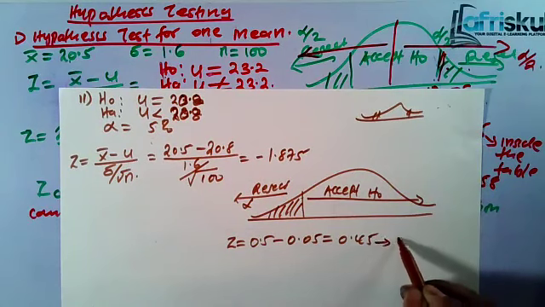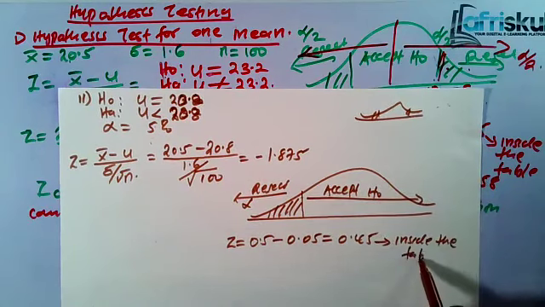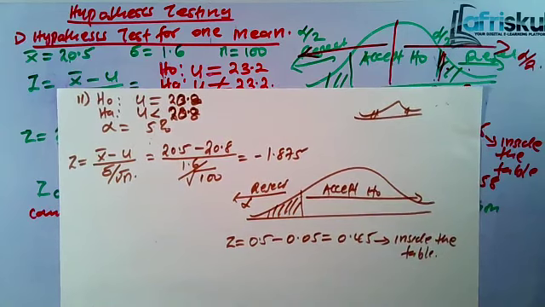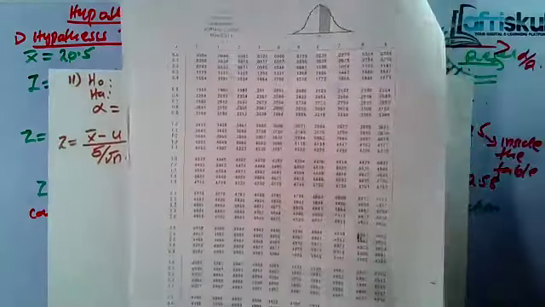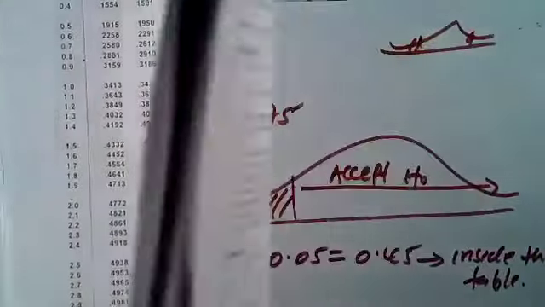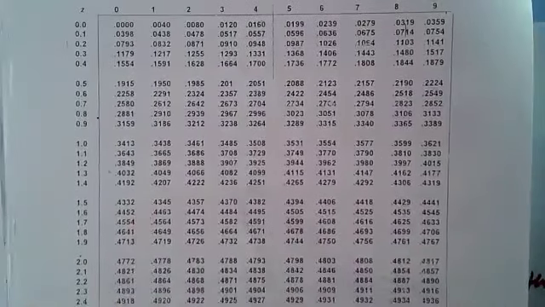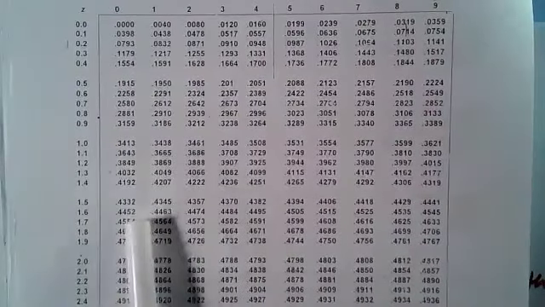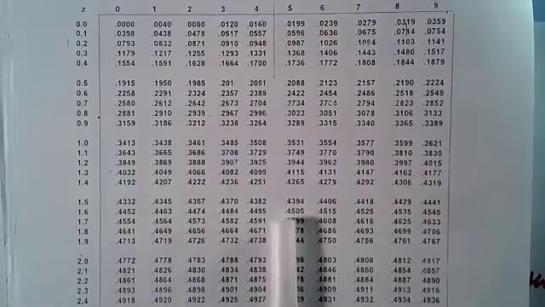Then you read it inside the table. So unakuja kwa hiyo table. We are looking at 0.45. I hope you are there.